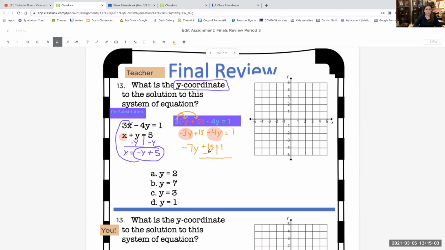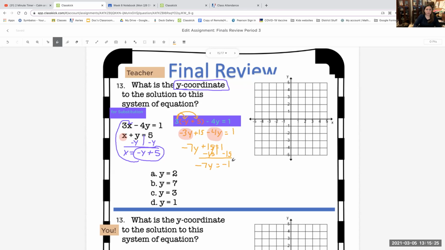Simplify this some more. Subtract 15 from both sides. And I get negative 7y. My 15s go away. Equals, again, this I can combine. So I have $1, but I want to spend 15. How much more money do I need?